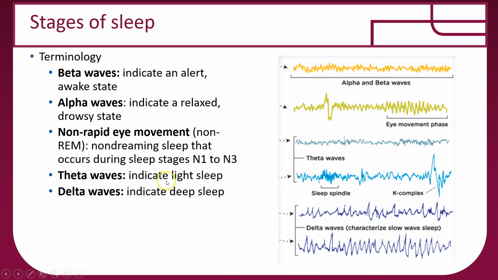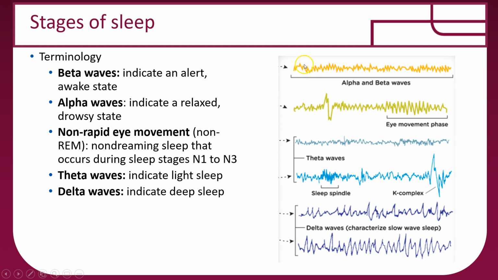I'm going to go down here to theta waves. These indicate light sleep. And then delta waves are these largest slow waves, and this is a deep sleep. And so this is really what we're trying to do when we're sleeping.